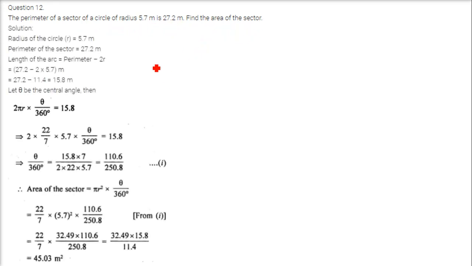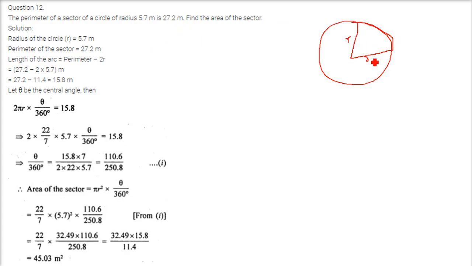Of a sector of a circle of radius this much, the perimeter is 27.2. Find the area of the sector. Now here there is a circle, and we are given the perimeter of a sector of a circle, that is this line plus this line plus this line. The length of all these three is given as 27.2 meter.